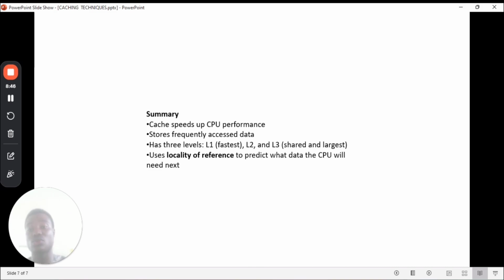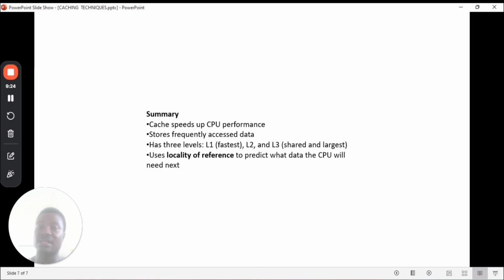In our next meeting, we are going to talk about references in more detail. In the CPU, we have memory addresses and the data stored at those addresses, and we command the CPU to look for data at a memory address. In our next meeting, we will focus on virtual memory.